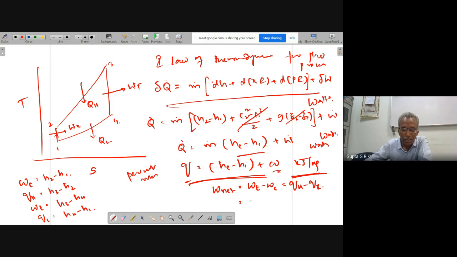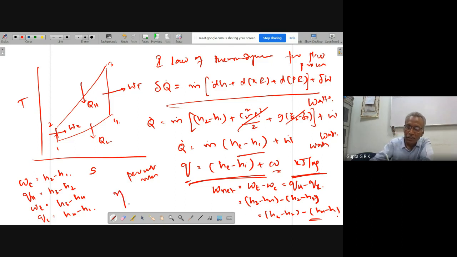WT is H3 minus H4 minus (H2 minus H1). This is also equal to (H3 minus H2) minus (H4 minus H1). So you will get a similar expression, right? Both will be same. This is network.